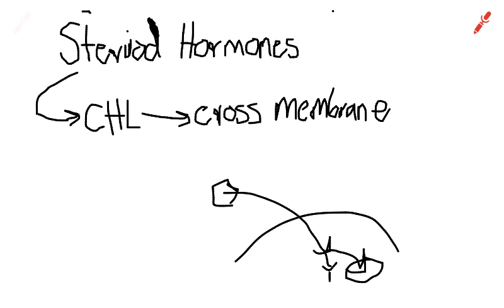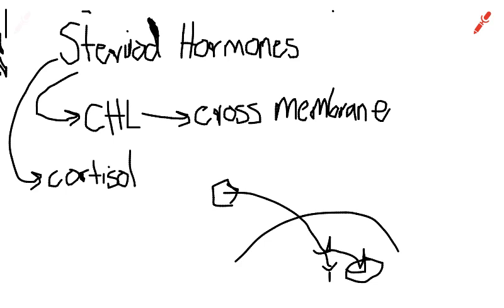And now we'll name the steroid hormones. Since when you know the steroid hormones, you can easily know all the peptide hormones. The steroid hormones are cortisol. Now cortisol is the stress hormone in our body. Whenever we're stressed, we release cortisol. Going back thousands of years, whenever people were stressed, it was usually because they were about to die or their body needed a lot of energy, so they released cortisol.